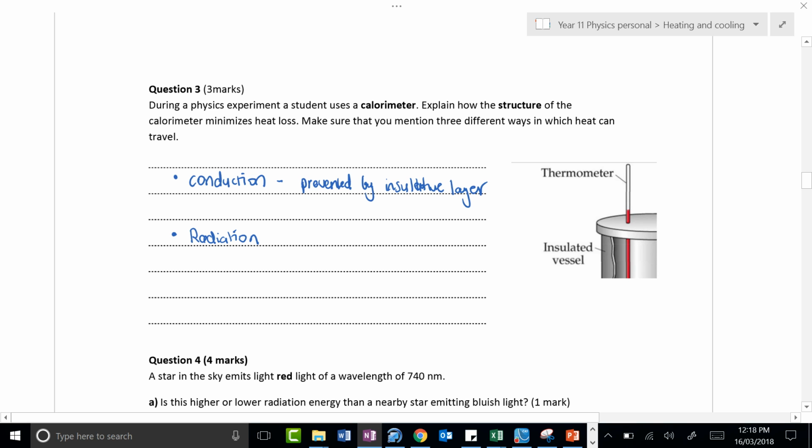Radiation: the shiny surface reduces heat loss.